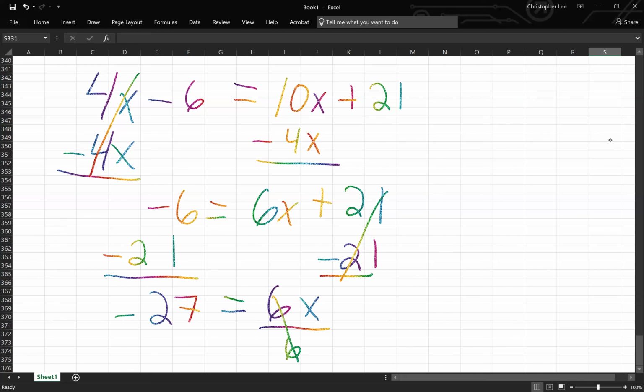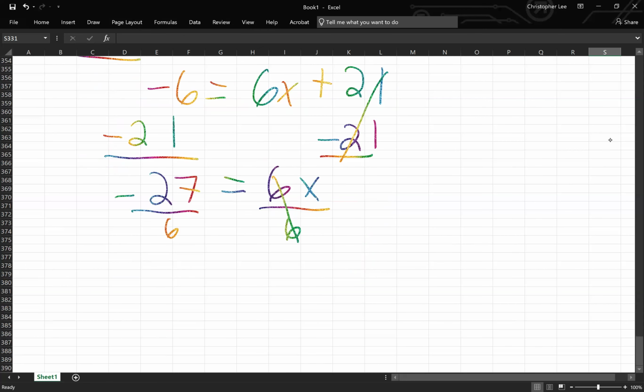And what I do to one side of the equation, I have to do to the other side of the equation. So I'm going to divide by 6. What do I have? I have to reduce this a little bit.